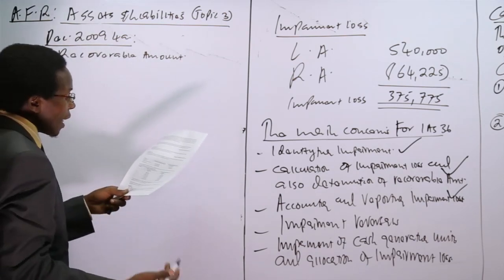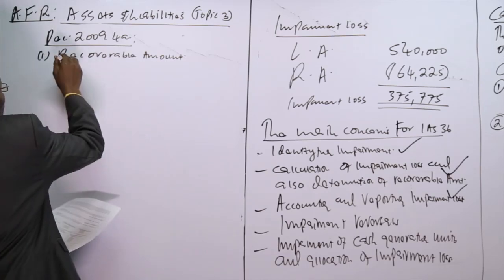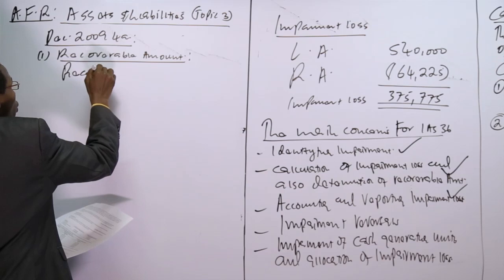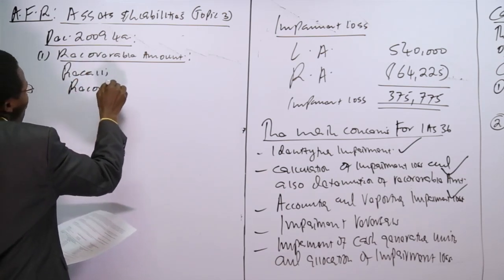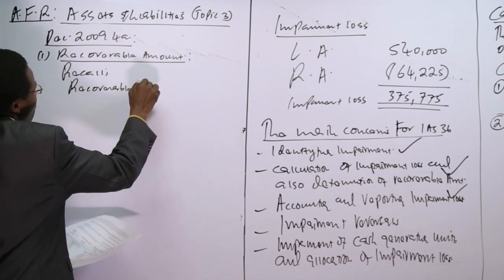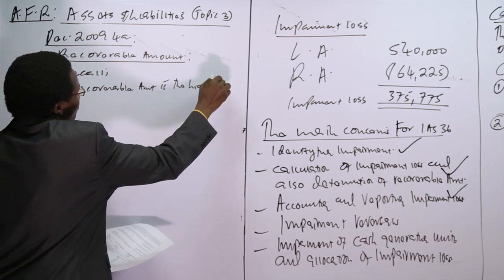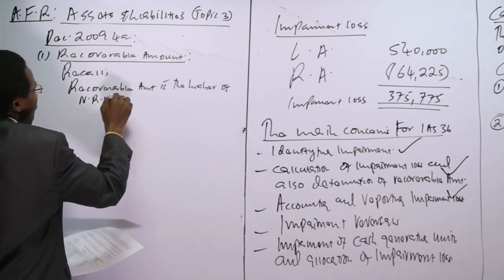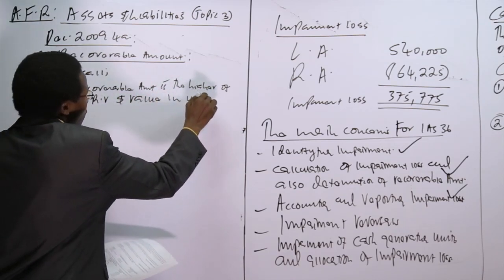You know, there are cash generating units 1 and 2. There are 2 of them. You need to recall that the recoverable amount is the higher of net realizable value and value in use.